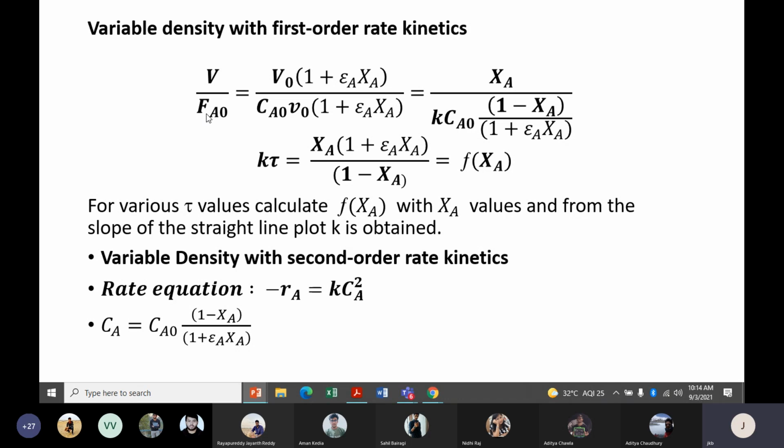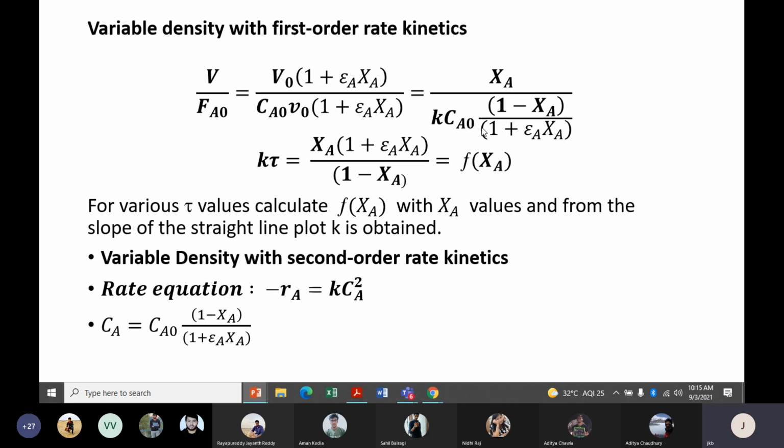And inside Fa0 the volumetric flow rate is there, that should be corrected by multiplying with 1 plus epsilon A XA. The last class already told this. And then the rate expression also should be corrected. If it is a first order rate expression, then K Ca0 times 1 minus XA by 1 plus epsilon XA.